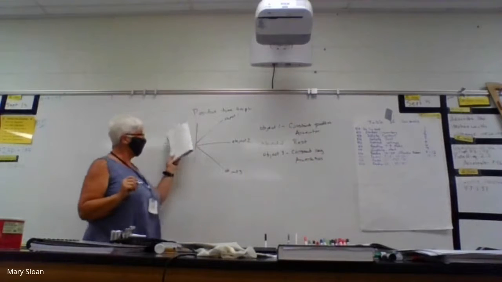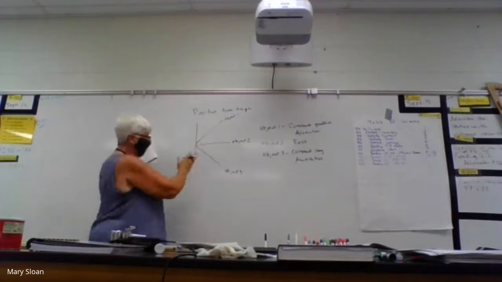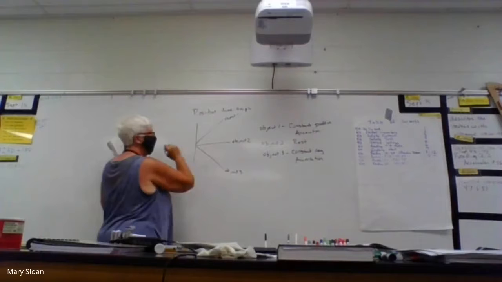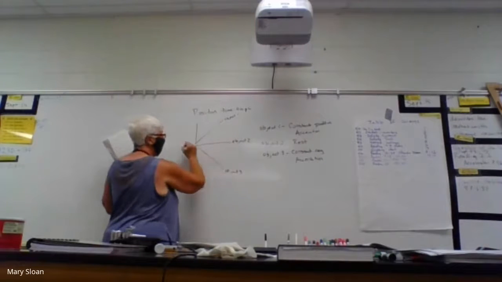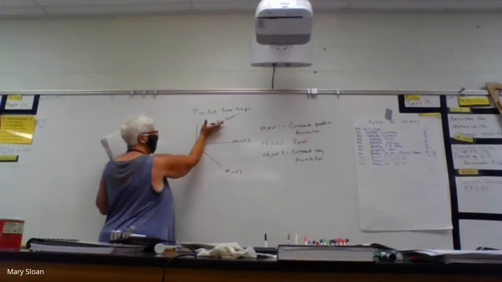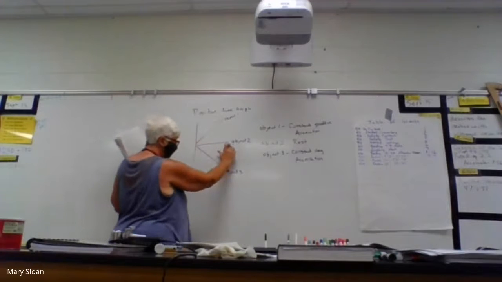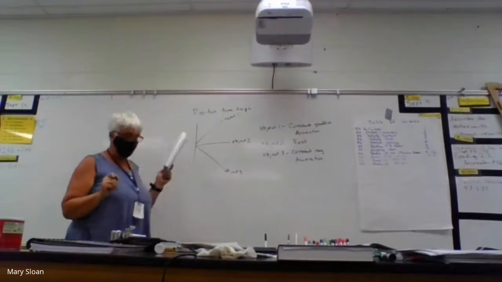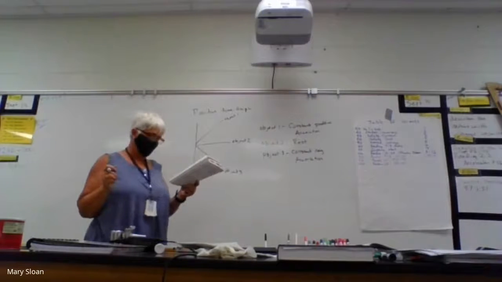So when you're looking at a position time graph, you look and see what's happening. If it's going up, it is a constant positive. If it's straight across, it's at rest. And if it goes down, it has a constant negative acceleration.